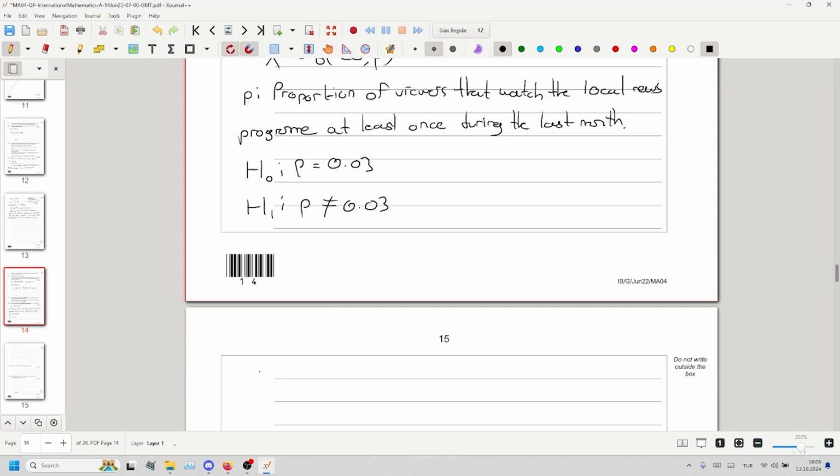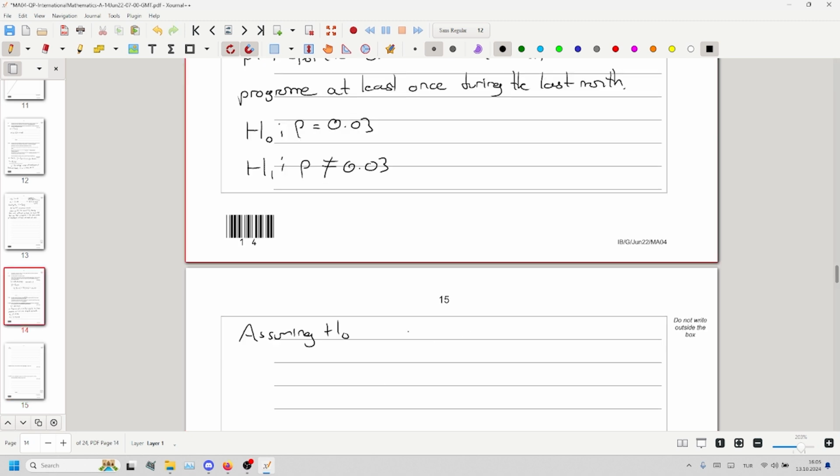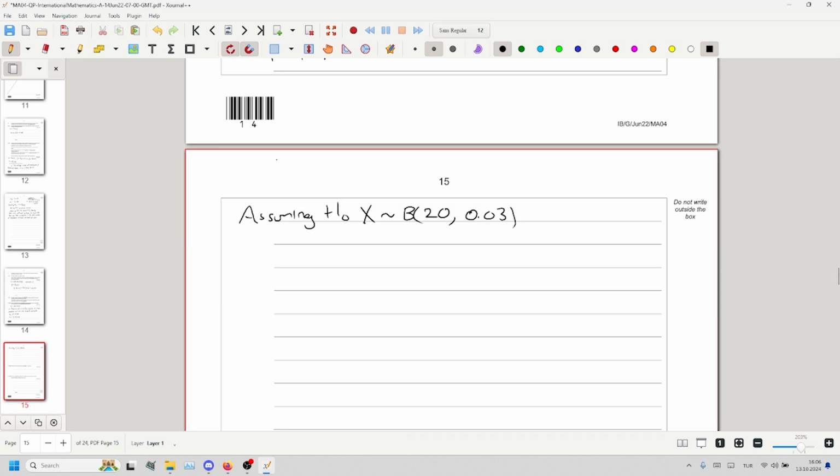Now, let's just write that, assuming H0, you can state that a random variable X is binomially distributed with n equal to 20 and probability 0.03.